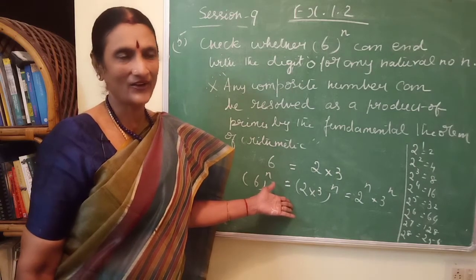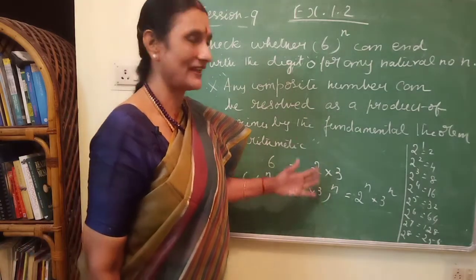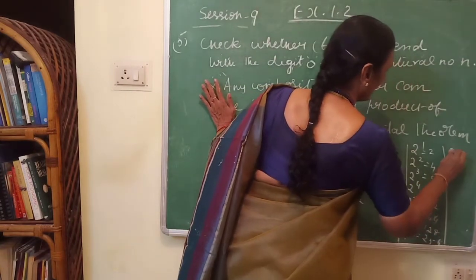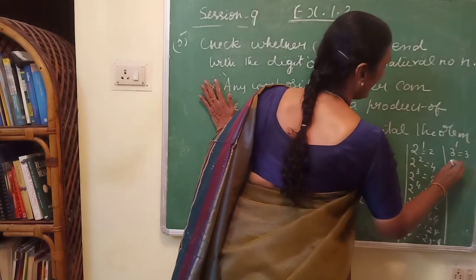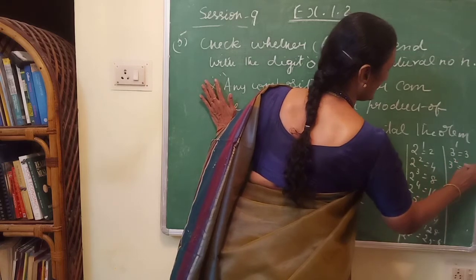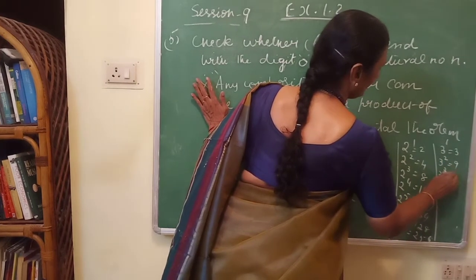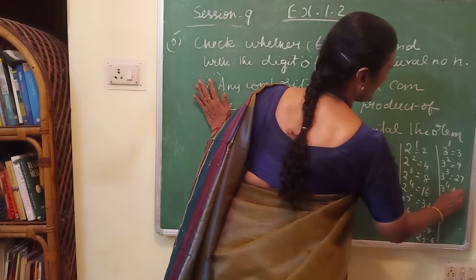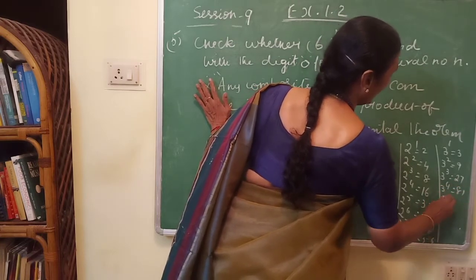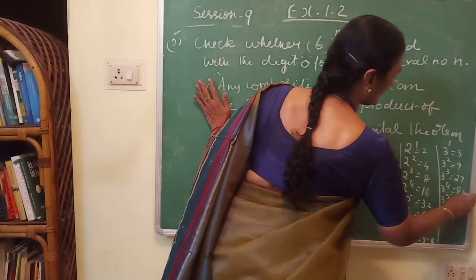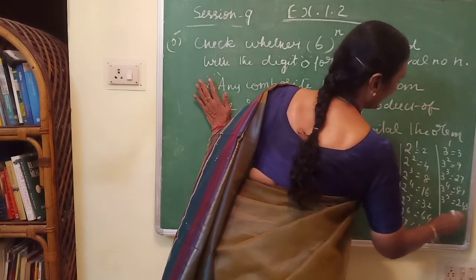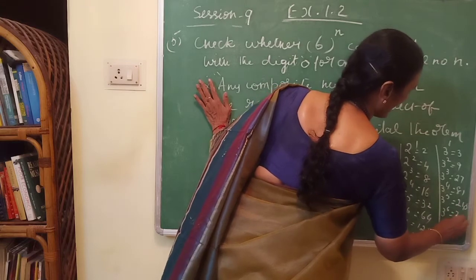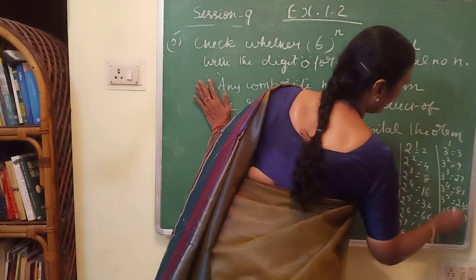Clear? Are you understanding? Similarly, we have to analyze for powers of 3. Now, I will write here: 3 power 1 is equal to 3, 3 power 2 is equal to 9, 3 power 3 is equal to 27, 3 power 4 is equal to 81, 3 power 5 is equal to 243, and 3 power 6 is equal to 729.